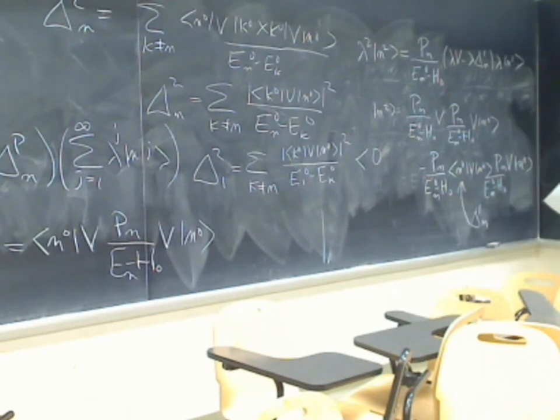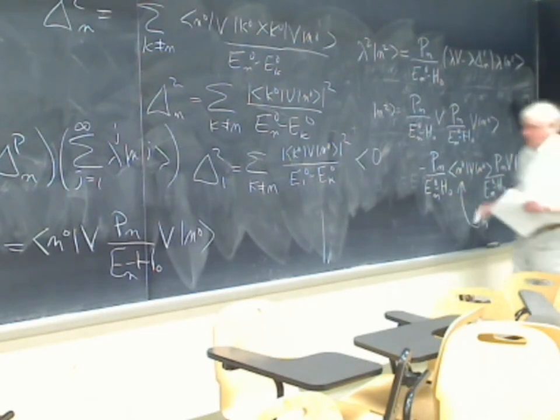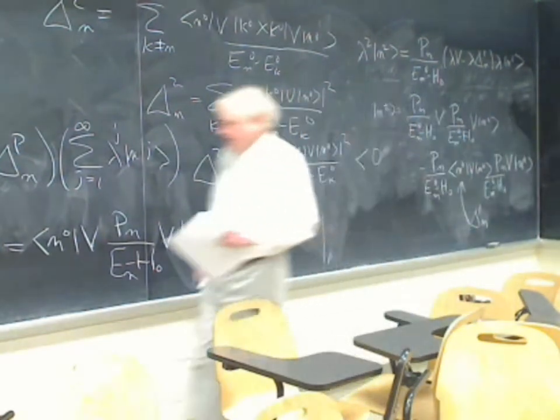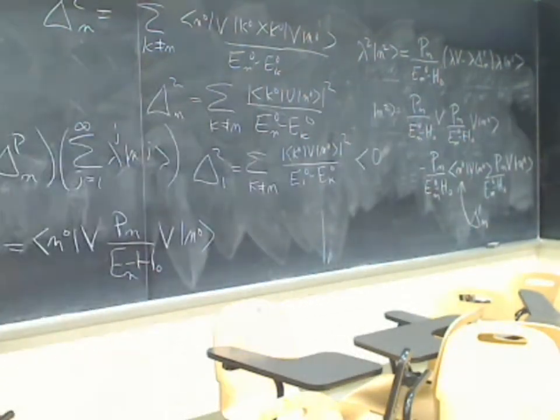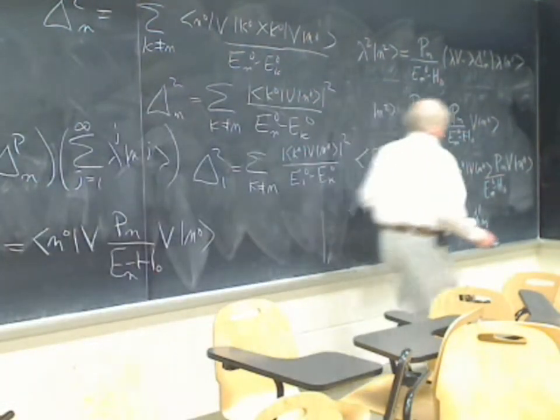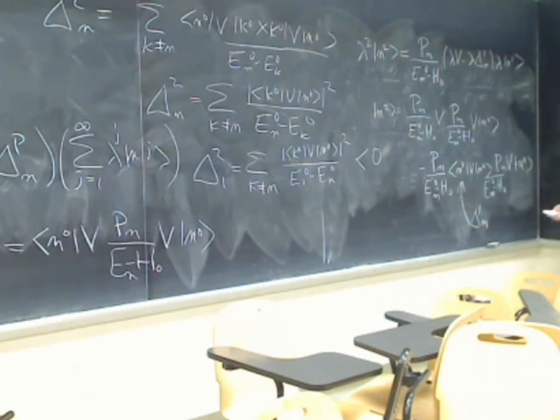That's delta n1, and then n1, the state, is Pn over En0 minus H0 Vn0, and so that goes over here. So that's the expression for N2.